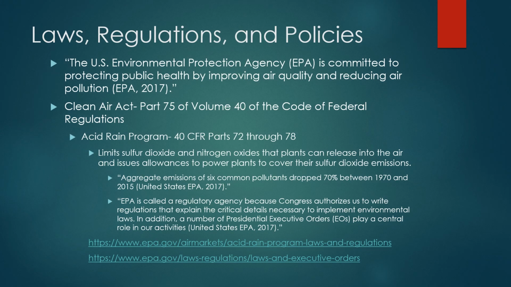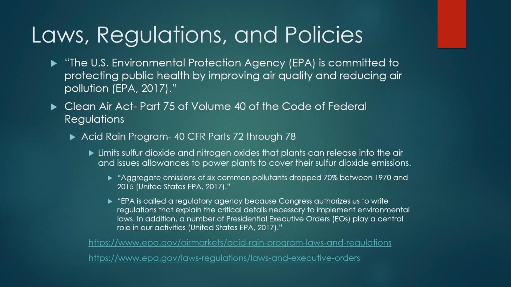Okay, so the laws, regulations, and policies can be found on the EPA's website. I had included two links at the bottom of the slide. You can look it up if you are interested. And the EPA is really committed to protecting our health. They want to improve the air quality and reduce air pollution.